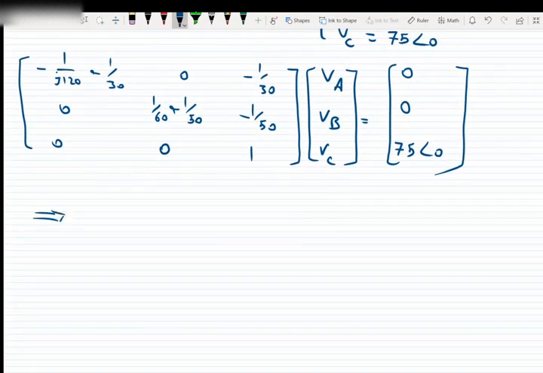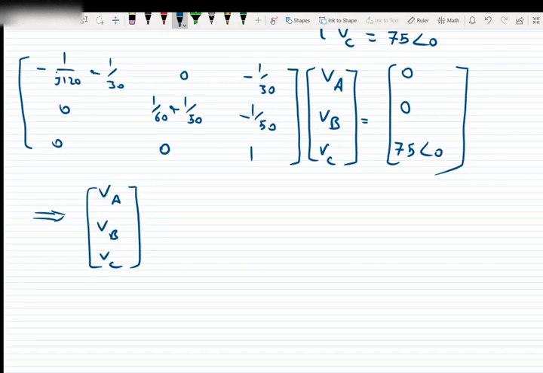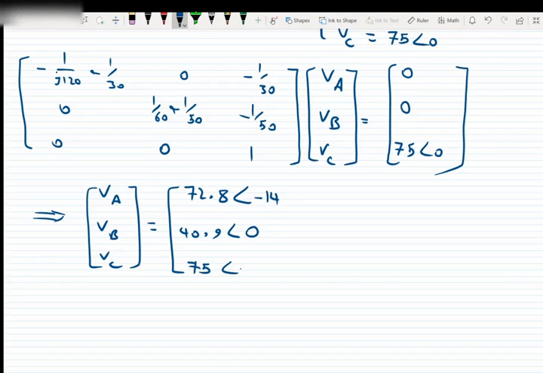As a result, VA, VB, VC are equal to 72.8 with the angle of negative 14, 40.9 with the angle of 0, 75 with the angle of 0.